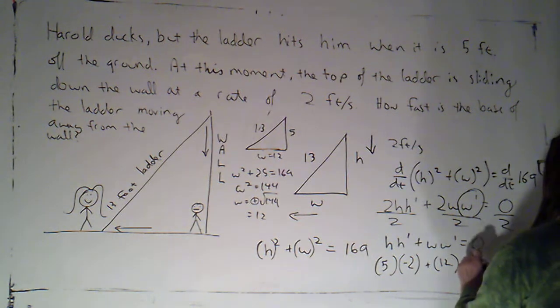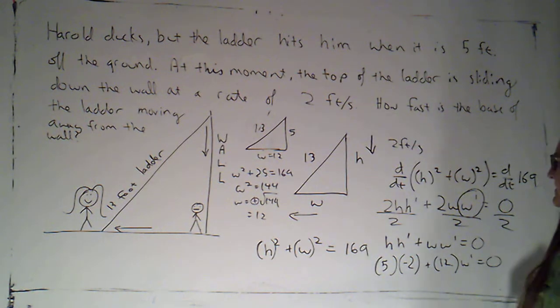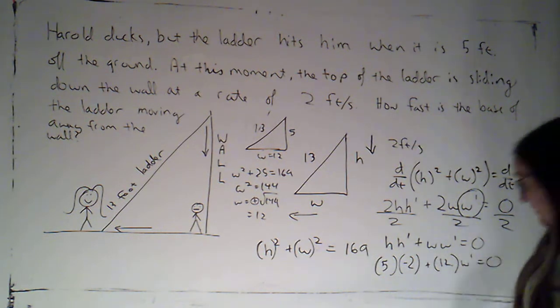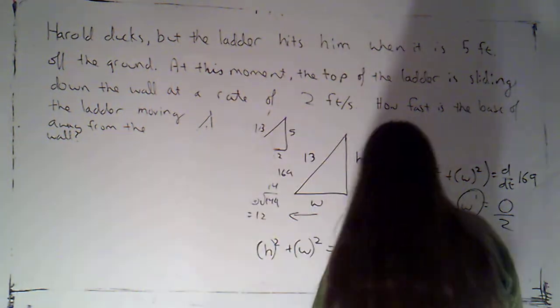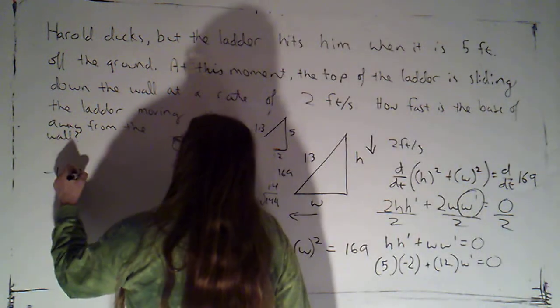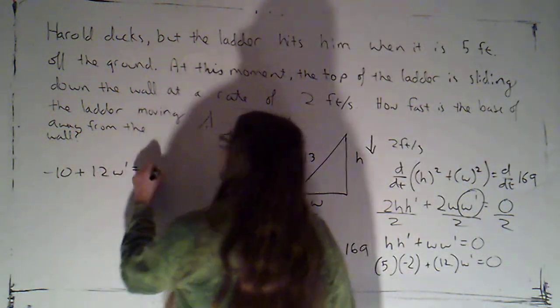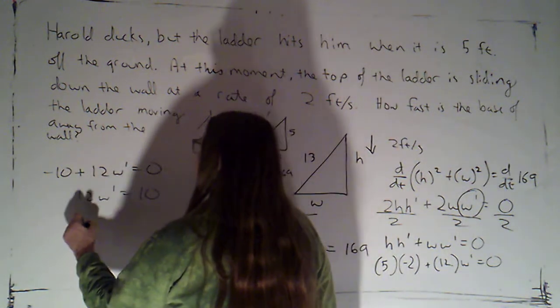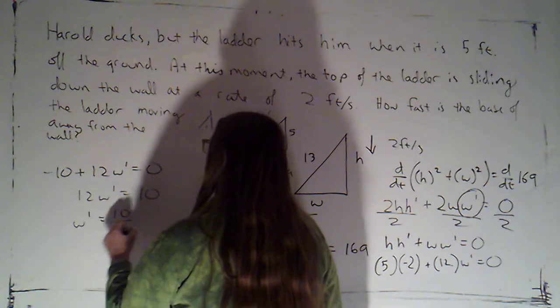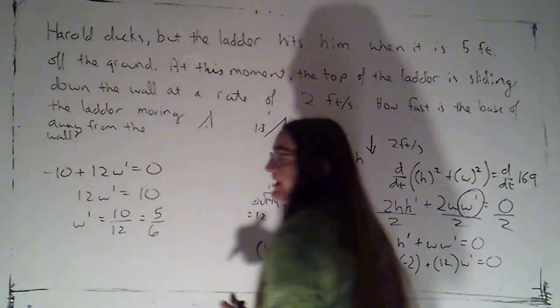Okay, and then W prime is what we're going to solve for. So what we have then is negative 10 plus 12 W prime equals 0. 12 W prime equals 10. W prime equals 10 twelfths, which would reduce to 5 sixths.